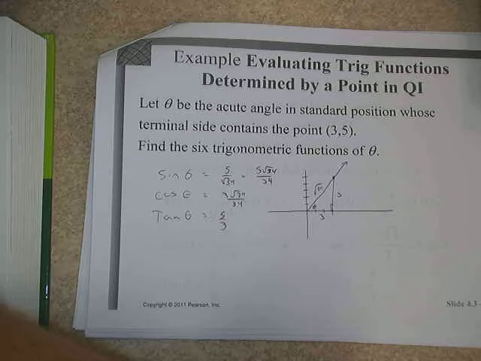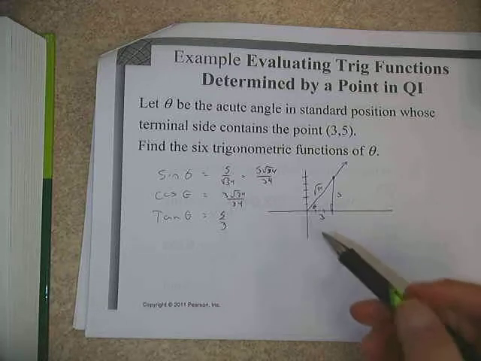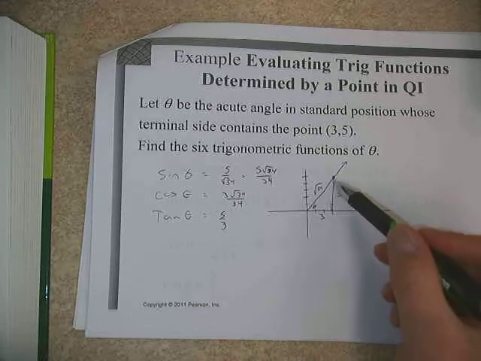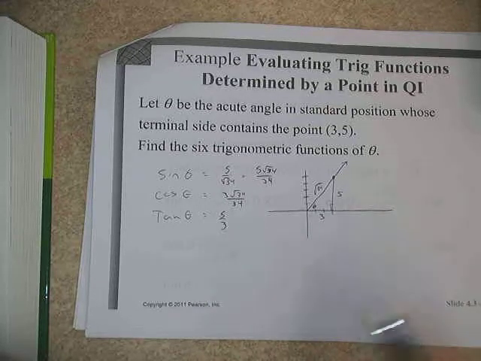And the tangent here will be opposite over adjacent, so it will be 5 thirds. And then of course the other 3, secant, cosecant, cotangent, will all just be the flips of sine, cosine, and tangent.